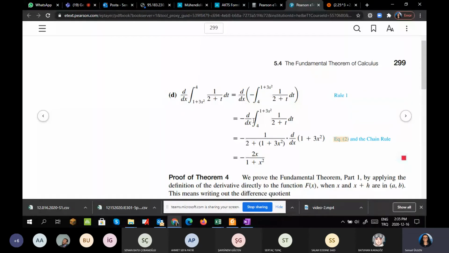The chain rule says if you want to take the derivative of that, if you consider this like f, it's going to be f of u times the derivative of u with respect to x. f of u, this is f evaluated at u, which is 1 plus 3x squared, times the derivative of u, which is 1 plus 3x squared.